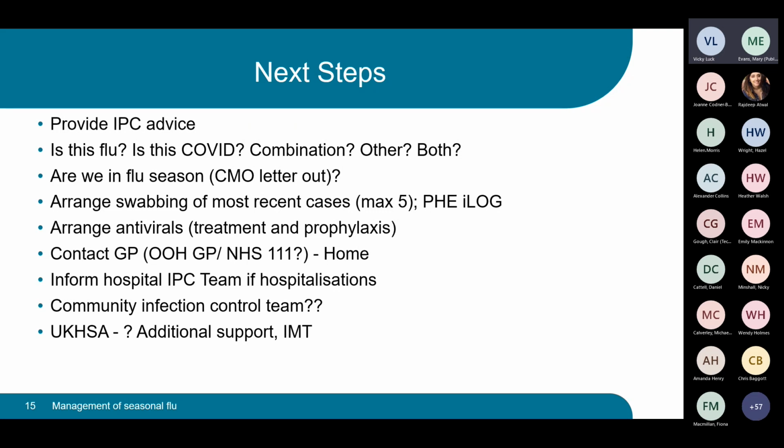Obviously, again, consider contacting ourselves if it's a particularly complex situation, you've got any sort of co-circulation, or you've got residents who are particularly unwell, or a high mortality rate, considering requesting additional support, and thinking about an incident meeting if required.